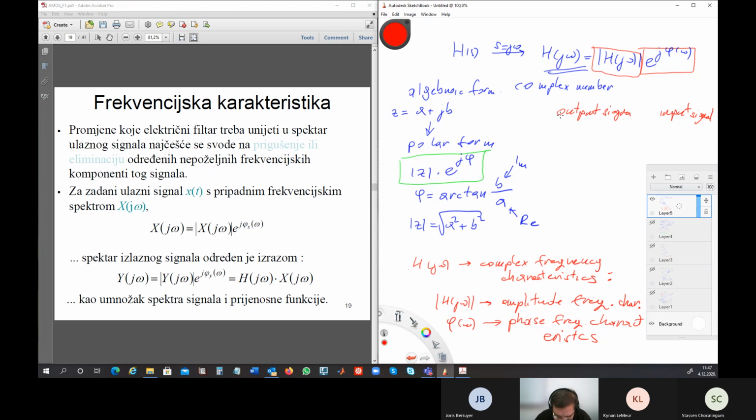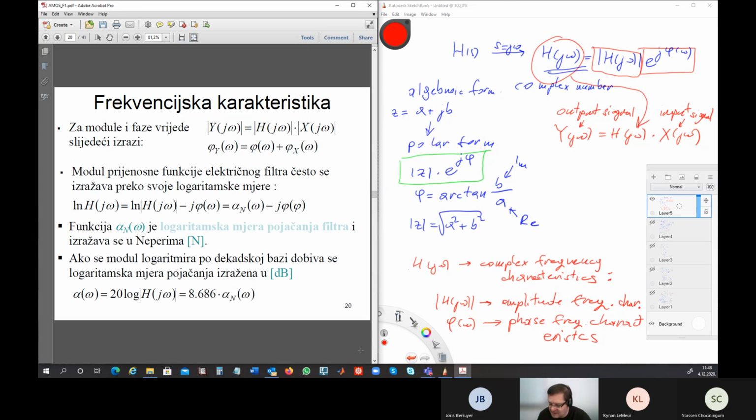This is Y. This is H of j omega times X of j omega. Okay. This is our frequency characteristics. So this is all what is written in this slide 19.